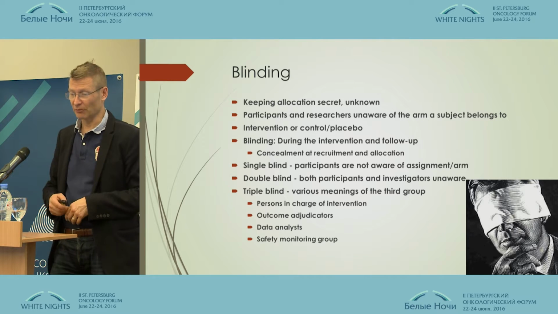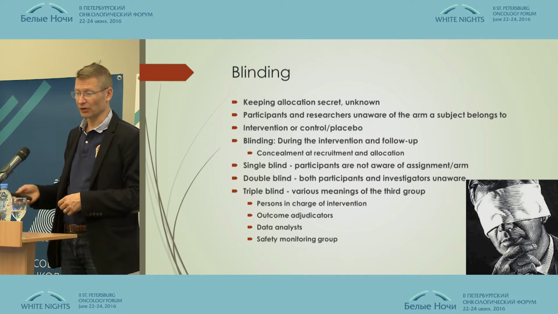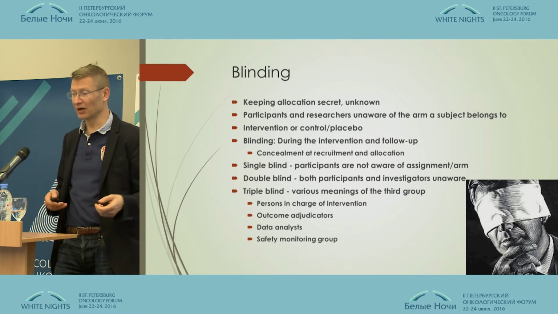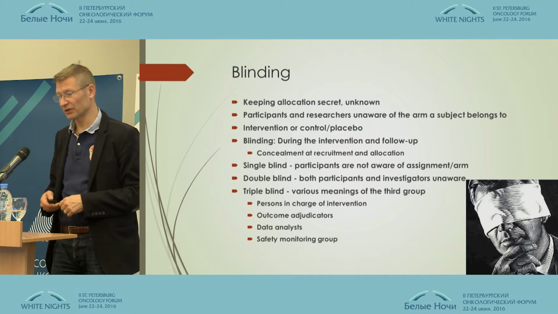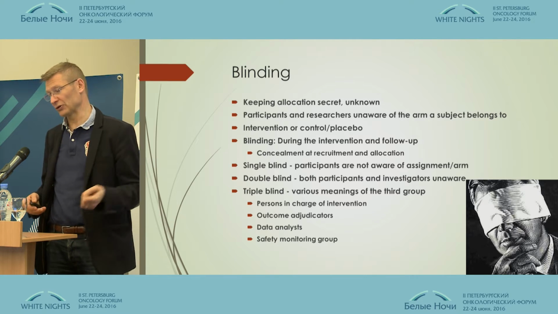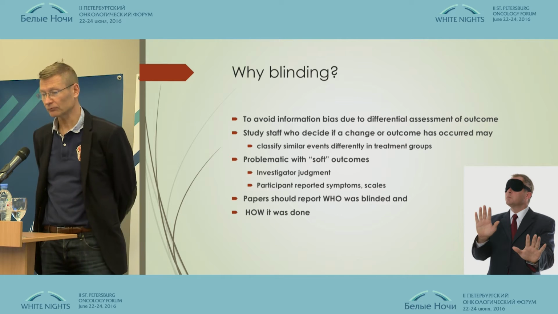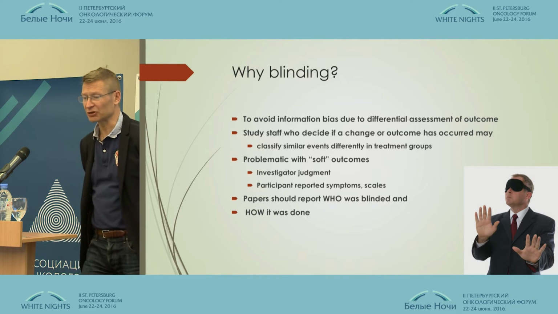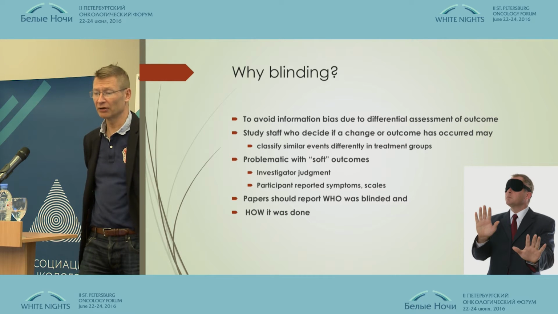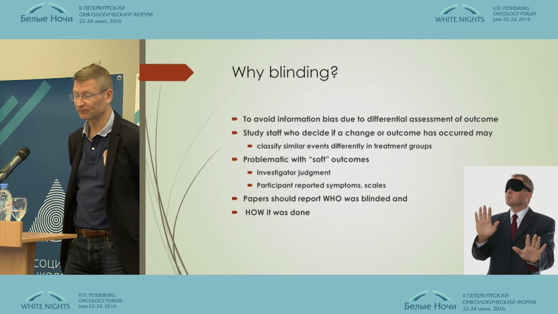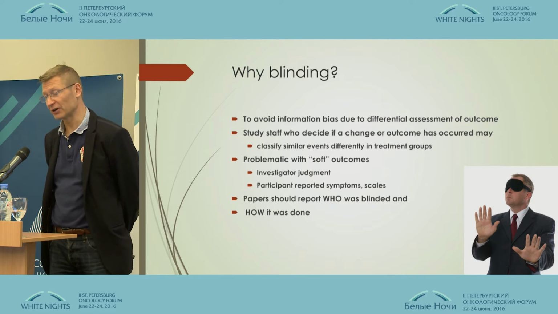So sometimes we talk about single blind studies when only participants are not aware of the assignment, double blind when both participants and investigators are unaware, and triple blind when there's also a third group that is kept unaware of it. And the rationale is really to keep the results comparable, avoid information bias, mainly due to differential assessment of outcome.